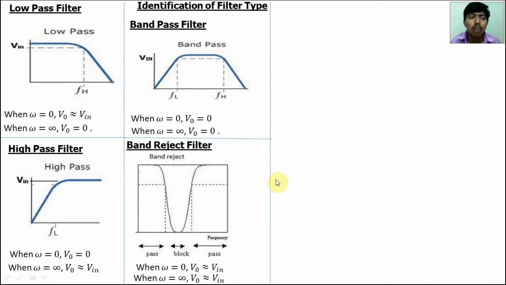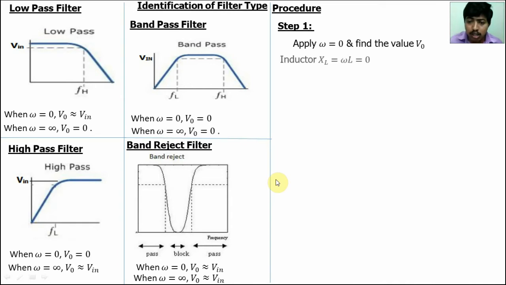Now the procedure for how to identify whether the given circuit is low pass, high pass, band pass or band reject. The first step: apply the input omega equal to 0, angular frequency 0, and find the value V naught. If the circuit has an inductor and capacitor, we know that inductor reactance XL is equal to omega L. When omega is equal to 0, substituting here, we get reactance equal to 0.